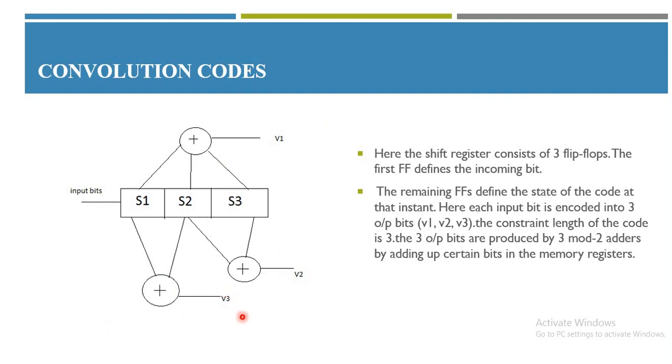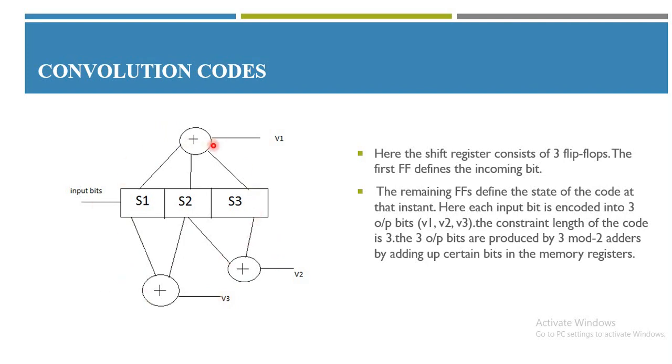That is, the three output bits are produced by three mod 2 adders by adding up certain bits in the memory register. So if you observe over here, for the first output we are adding S1, S2, S3. For the second output we are adding S2 and S3, and for the third output we are adding S1 and S2. So likewise this logic varies.